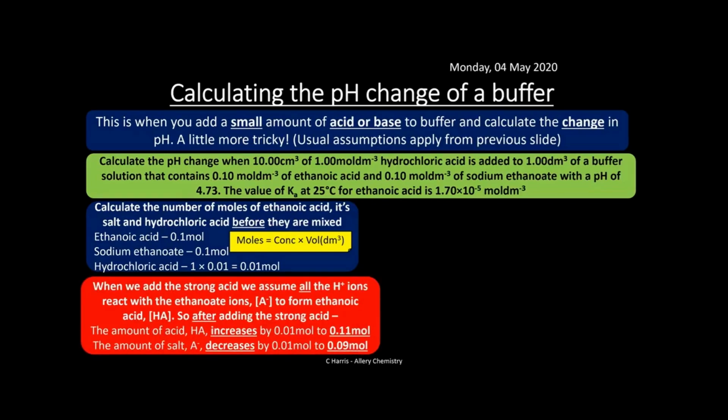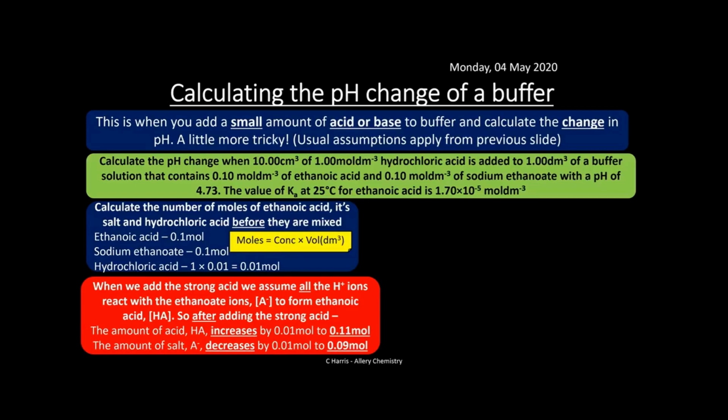Okay, so then this is where it gets a little bit tricky, so concentrate really hard on this. When we add the strong acid, we assume that all the H⁺ ions react with the ethanoate ions, the A⁻, to form ethanoic acid, HA. If you imagine it, we now have a beaker with our ethanoic acid and sodium ethanoate.